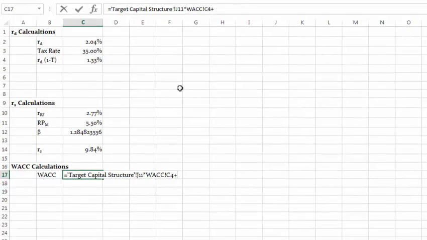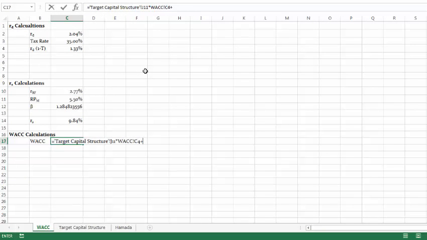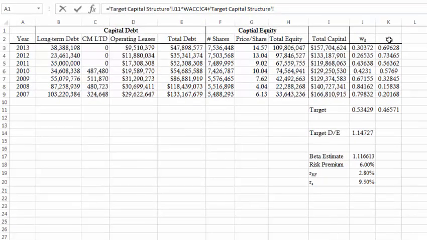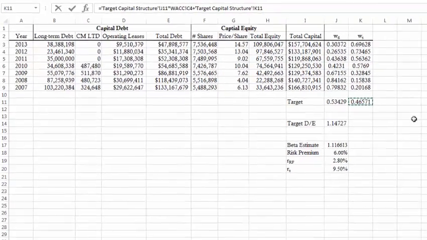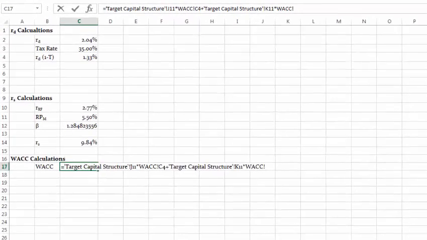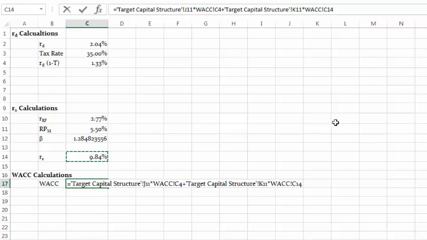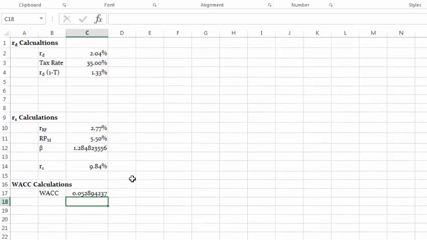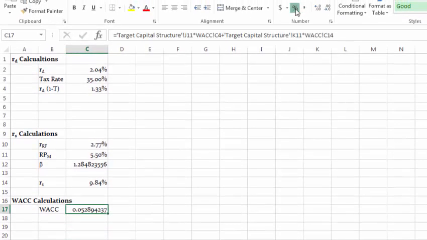now I need the weight of equity. Again, we're going back to the target capital structure tab, going to the WS column and all the way down to target, times the cost of equity, which I just calculated on my WACC tab, so I'm going back to that tab and getting my R sub S. Now I'm going to hit enter, and I'm going to change the formatting.